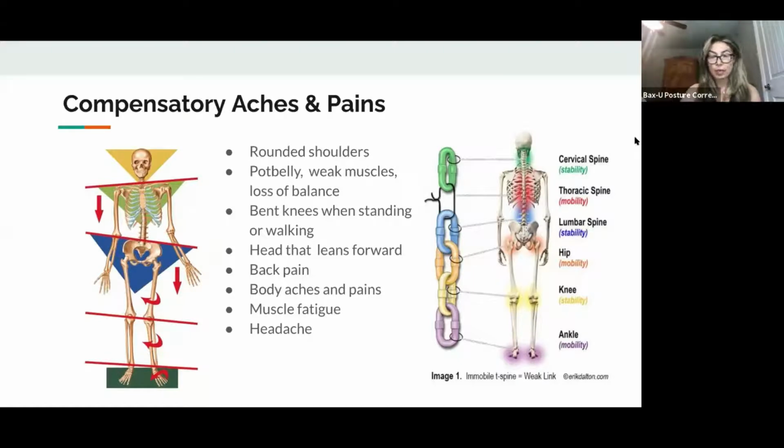What you're seeing over here on this side is called the kinematic chain. Kinematic chain means that every single structure is connected to the other like a chain reaction. So if you're having problems with your head, how many of you are on your phone with your head down? How many of you tend to lean to one side when you're driving?